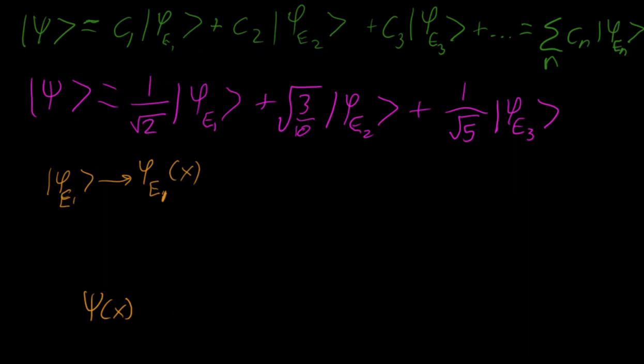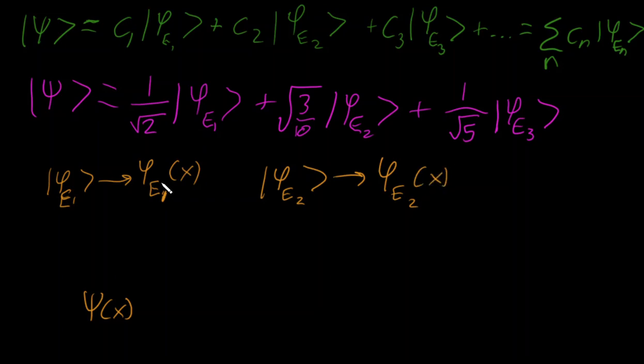All you know is there is some wave function, right? And remember, phi sub e1 of x is a wave function with a definite energy that represents a particle with a definite energy, e1. And so if we want to write this, we could also write the other ones, phi sub e2 as phi sub e2 of x.